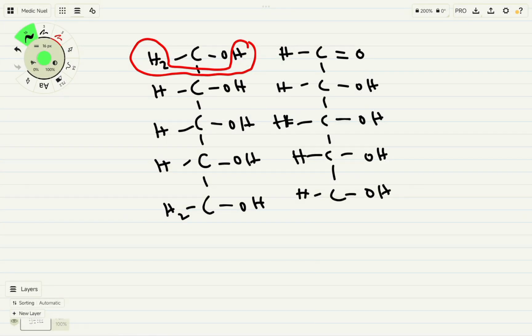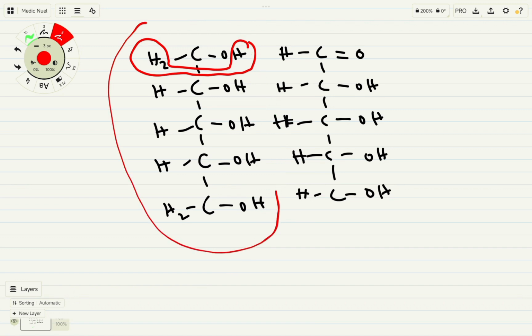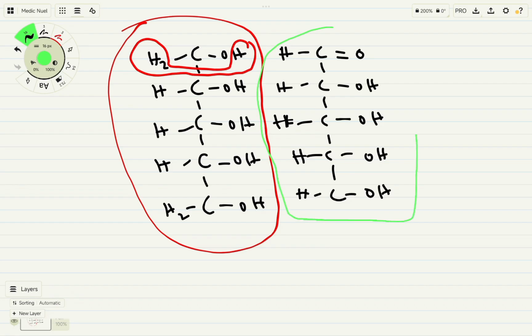Now you can see the structure we have, based on how I explained how we got glyceraldehyde from glycerol. That's the same thing I'm doing here. I'm basically dehydrogenating this structure to get this structure.